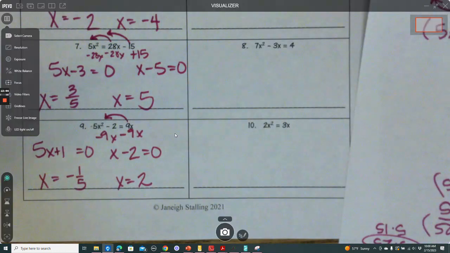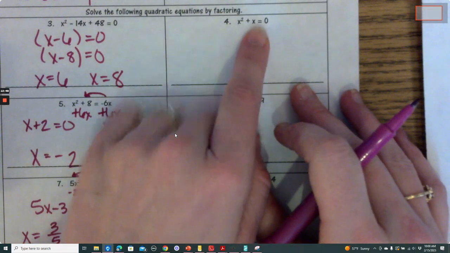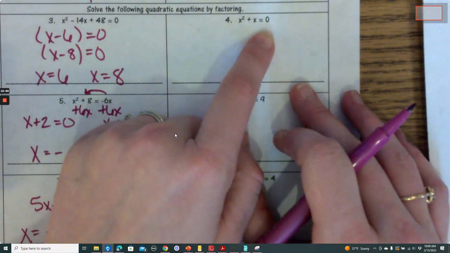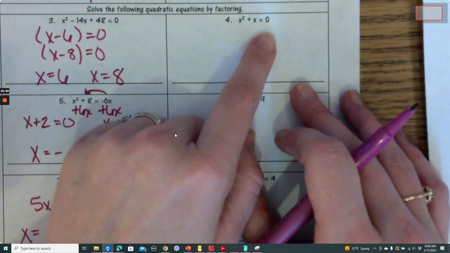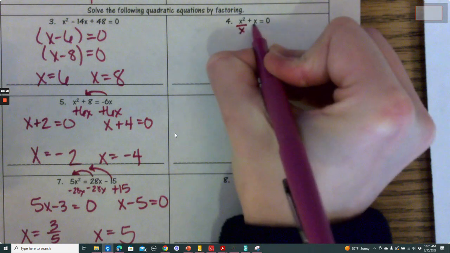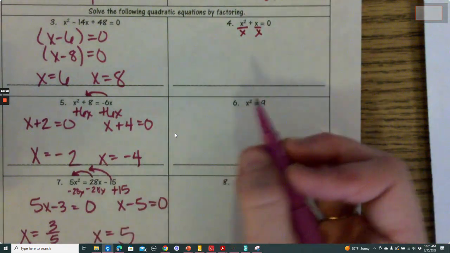Some of these I'm going to factor for you. So number 4, since we've got x squared and x, this one is a matter of greatest common factor. We can pull an x out of both of these. So when we did special cases, we talked about this a little bit.